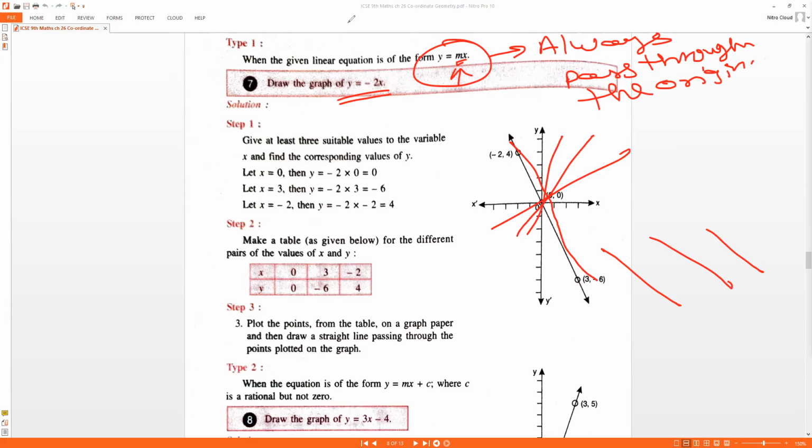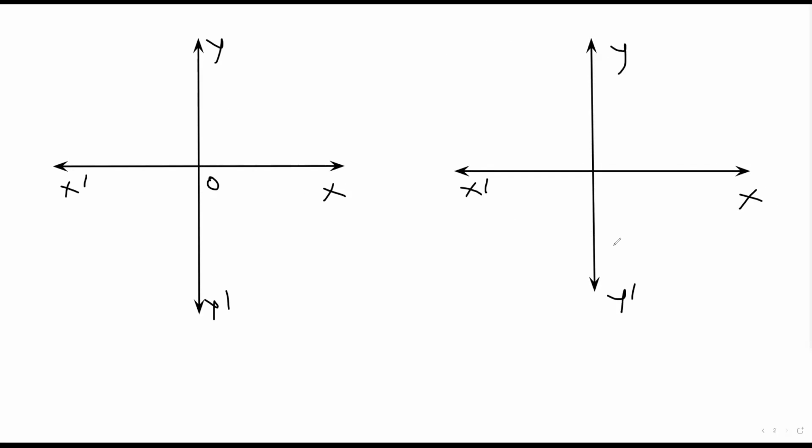Let me show you briefly how to understand them and how to represent them. Just see what I'm saying. I have drawn two graphs here, with x dash, x, y, y dash and the origin 0.